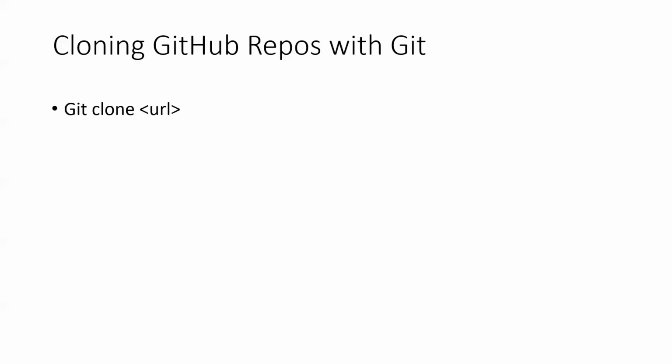So for GitHub, if we are working in an enterprise, what do we have to do? We have to clone the particular repository which is there in the cloud. We can clone that into our local system. There are lots of options.